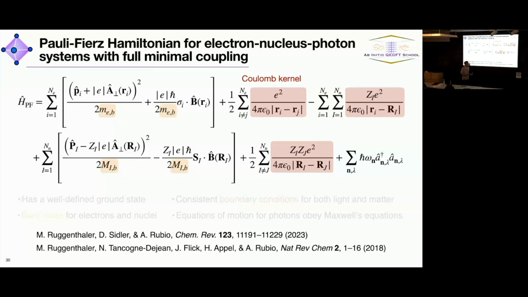If no one answers, I will just randomly pick someone. So for this Pauli-Fierz Hamiltonian, what is the mass here in the orange color? Is it a physical mass or a bare mass? Okay, it's the bare mass. Anyone else?